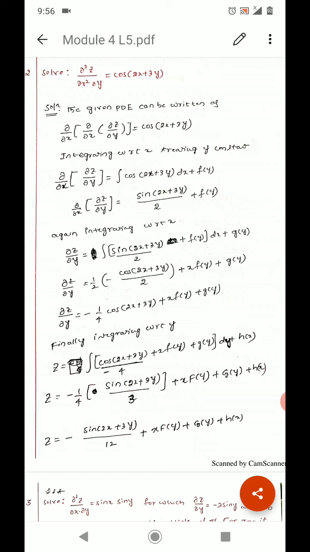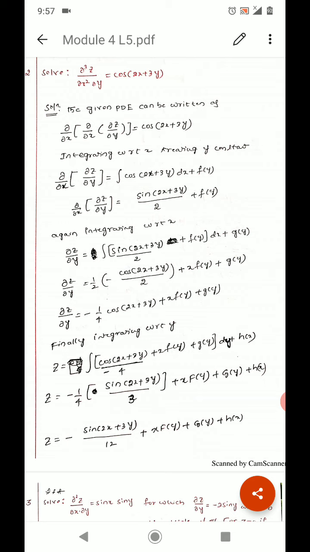So which becomes z is equal to, keep minus 1 by 4 outside, integration of cos of 2x plus 3y plus x into f of y plus g of y with respect to y, plus since we are going to integrate with respect to y, we have to add the function of x, that is h of x.